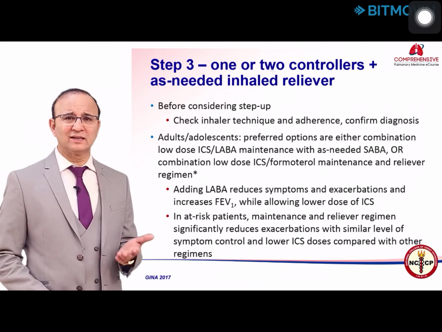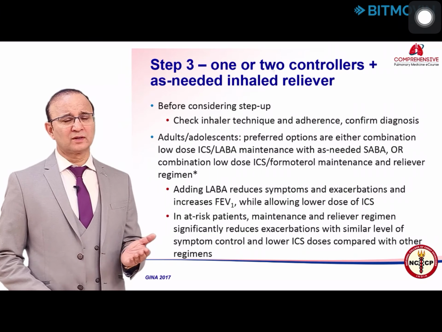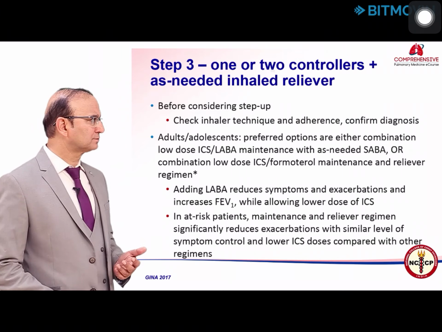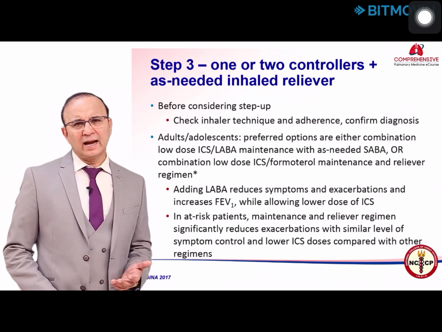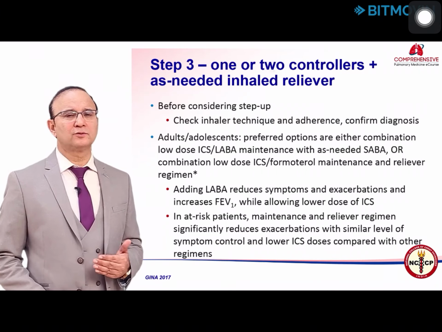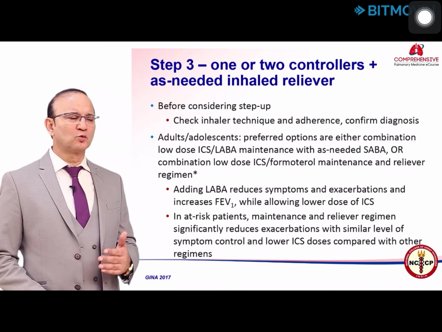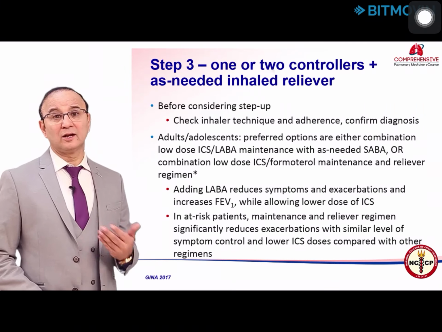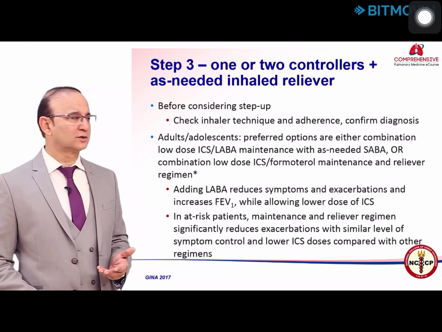You keep a single inhaler which you use regularly and also for aggravation of symptoms. When you add LABA to inhaled steroids, it has been seen that it reduces exacerbations, improves symptoms and increases FEV1, and allows you to use a low dose of inhaled steroids.